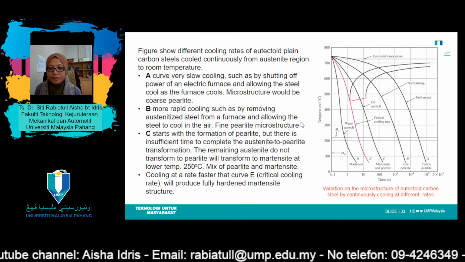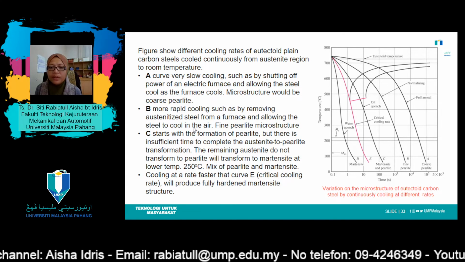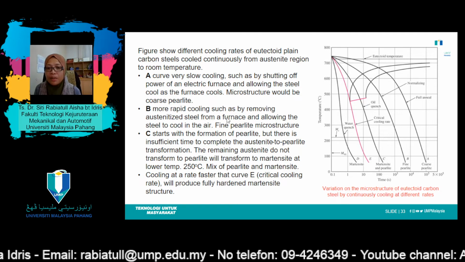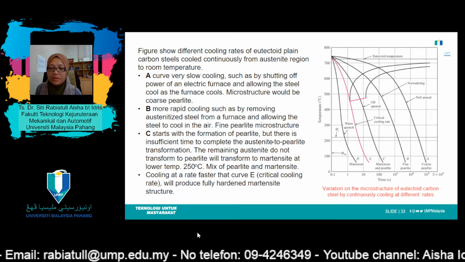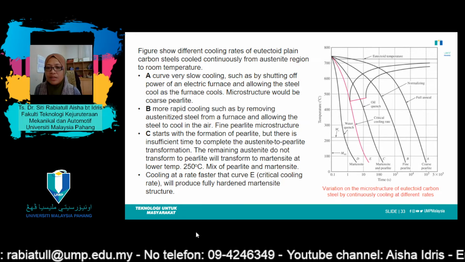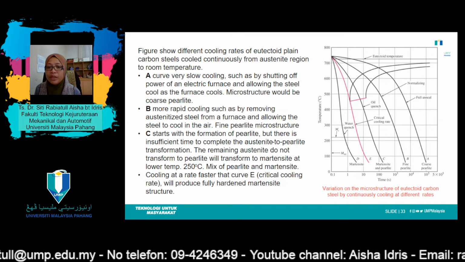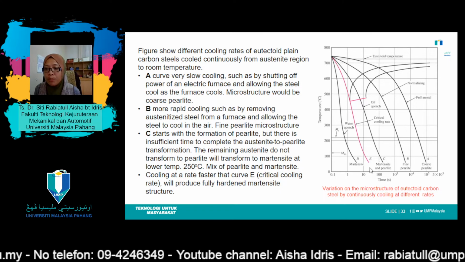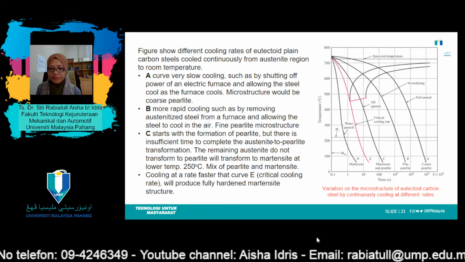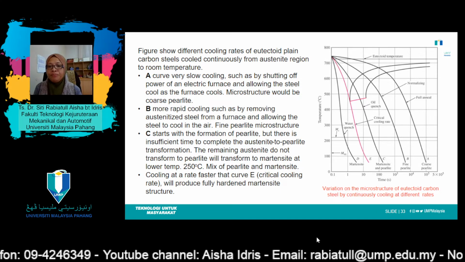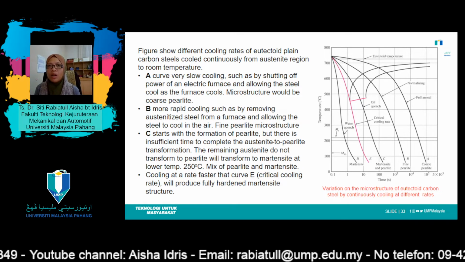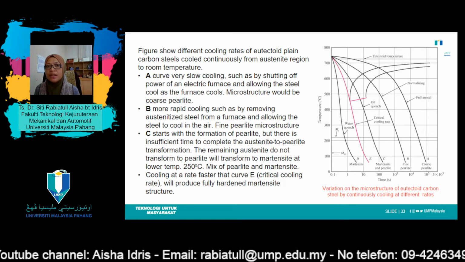Profile B here represents a rapid cooling, for example, removing the austenite steel from the furnace and allowing the steel to cool in air. So in this case, fine pearlite will be produced. I hope you can imagine how the process is conducted.